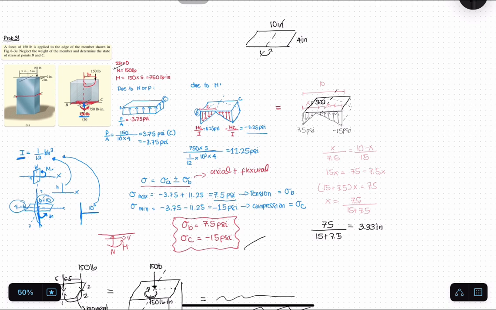So, saan dito yung parallel to the direction of the moment? Along this. So, sa dimension natin, ang parallel sa direction ng moment is etong 10 inch. That is why, sa pagkuha natin ng moment of inertia niya, na-cube ang ating 10, hindi yung 4. Mas madali itong tandaan compared sa na-discuss ko dito. Okay, wag na lang yan kasi mahirap yan.